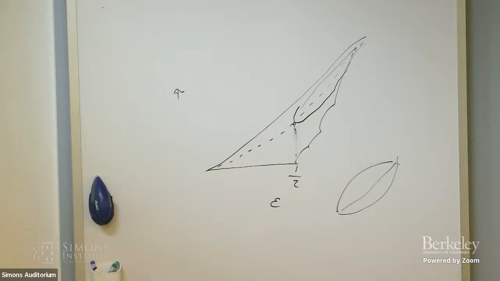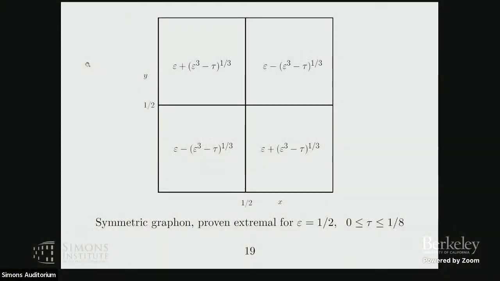It was the special case of this where edge density is 1/2 and the triangle density is anything between 2 and 8. So we proved that this very symmetrical graphon, and I'll tell you why it's symmetrical, is symmetrical in that C is 1/2 and A is equal to B. The fact that these two are equal is automatic, but that these are equal is another symmetry.